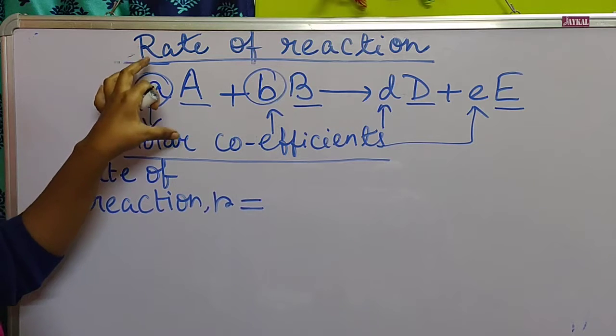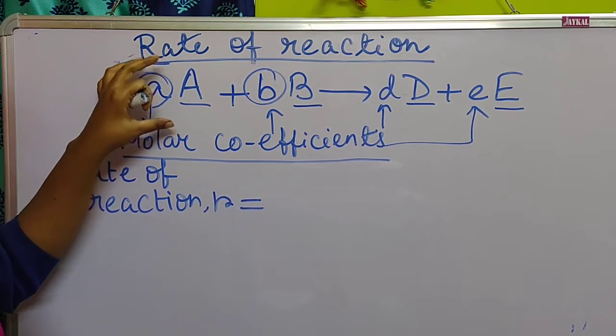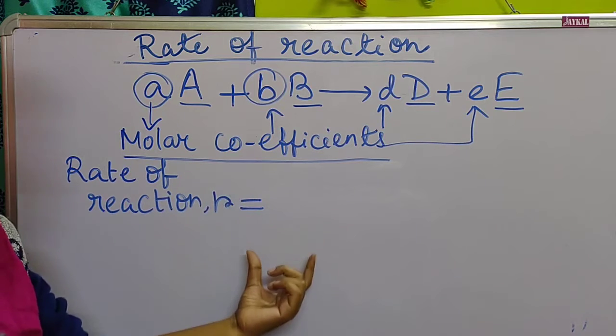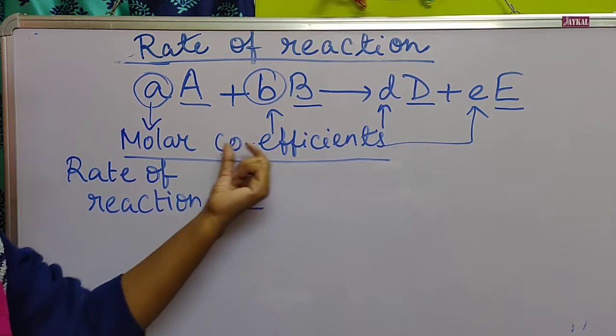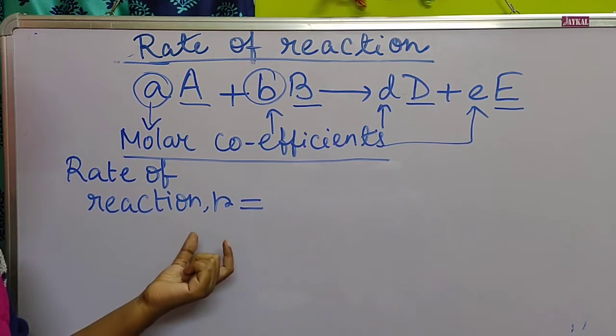Just remember, in our first class we discussed that during the chemical reaction, as the concentrations of reactants decrease gradually, whenever we write the expression we have to use the negative sign. Negative sign denotes the decrease in concentration of reactant.